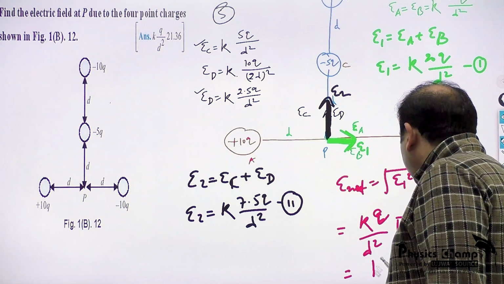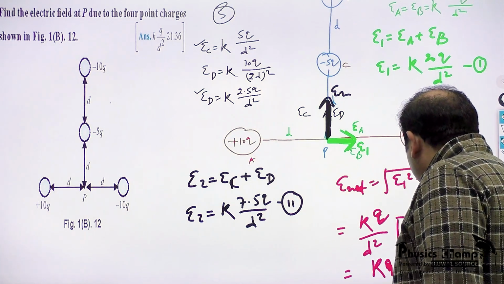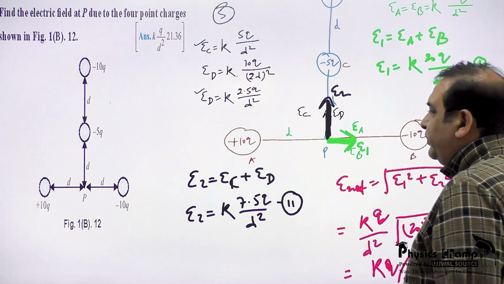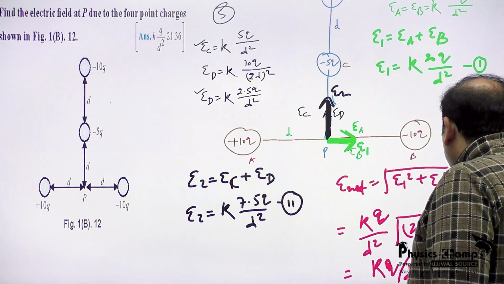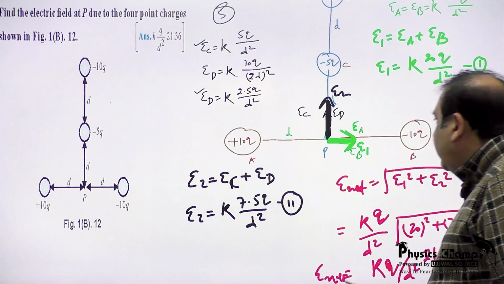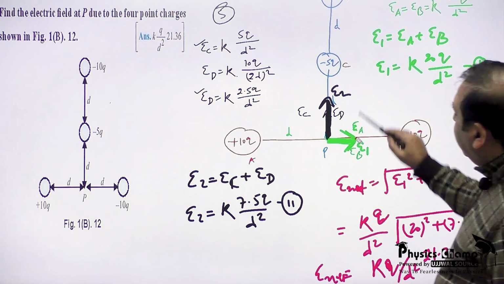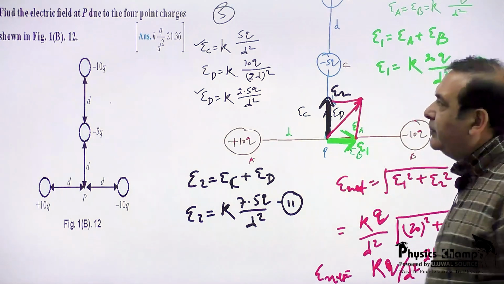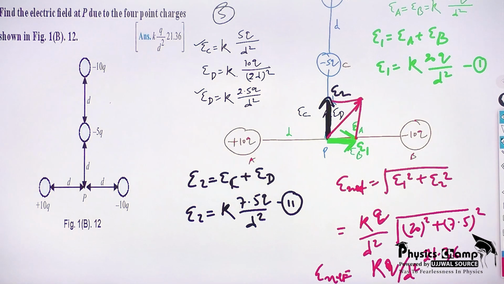So it is KQ by D square into 21.36 net electric field. Net electric field will be here. So question number 5 for you.